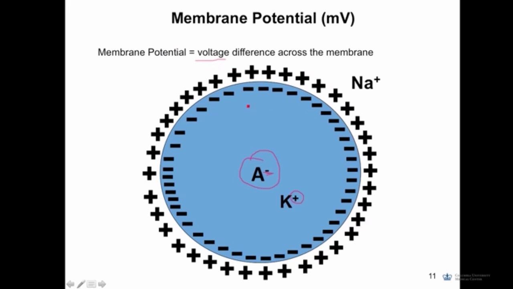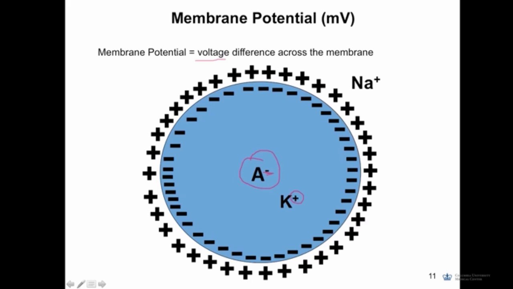So when we talk about membrane potential, we're looking at the charge inside of the cell compared to outside. And we're going to express it in units of voltage called millivolts. Okay? So the average cell has a membrane potential that's going to be negative some number in millivolts. So we'll talk about what that number is and how it's really created.